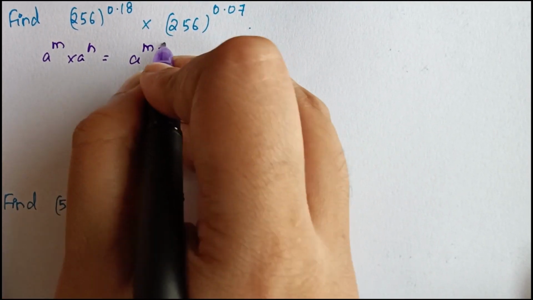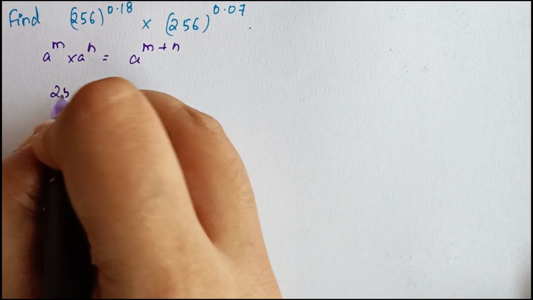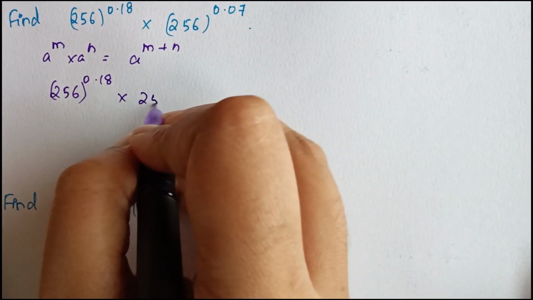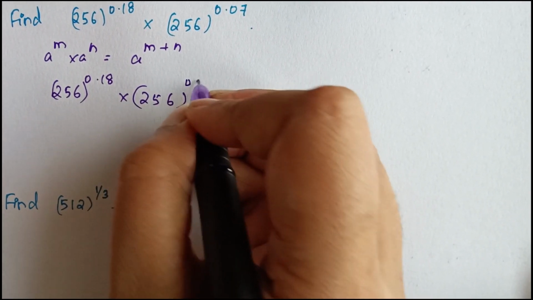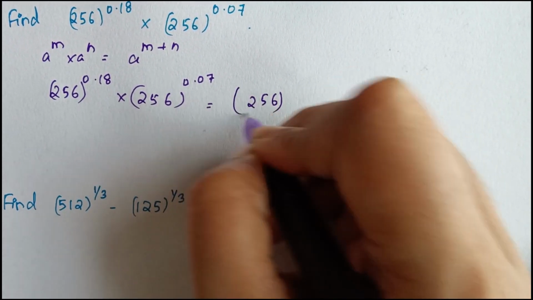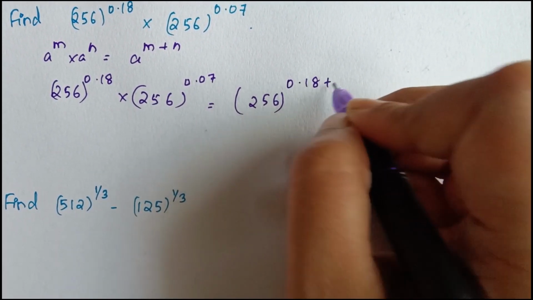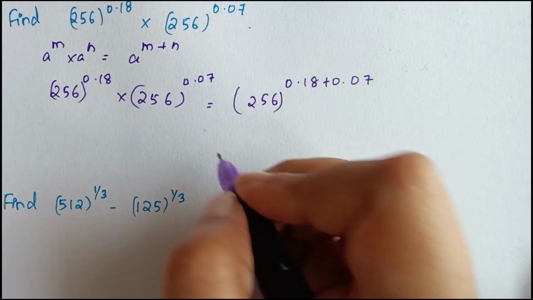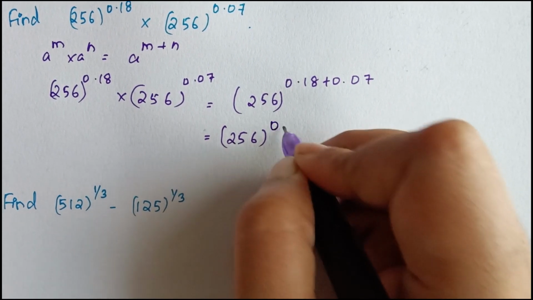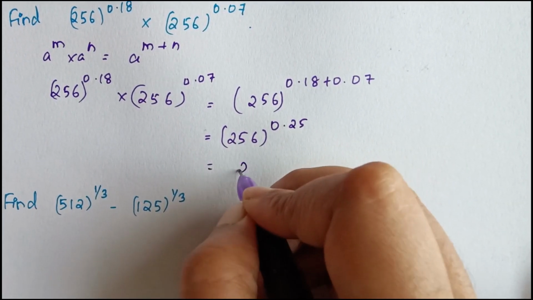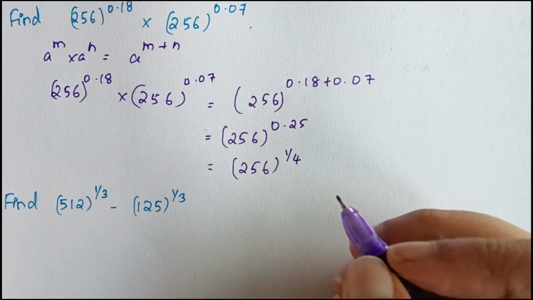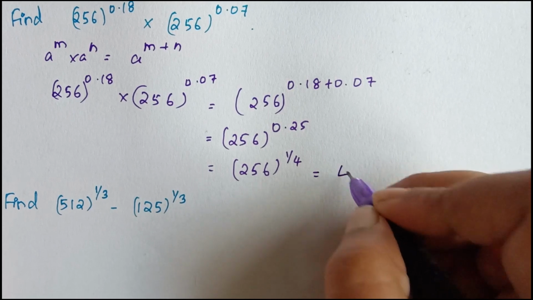So this is equal to 256 the whole raised to 0.18 plus 0.07. That is 256 the whole raised to 0.25. What is actually 0.25? It is 1 by 4. So 256 the whole raised to 1 by 4. Now the fourth root of 256 is 4. So the answer is 4.